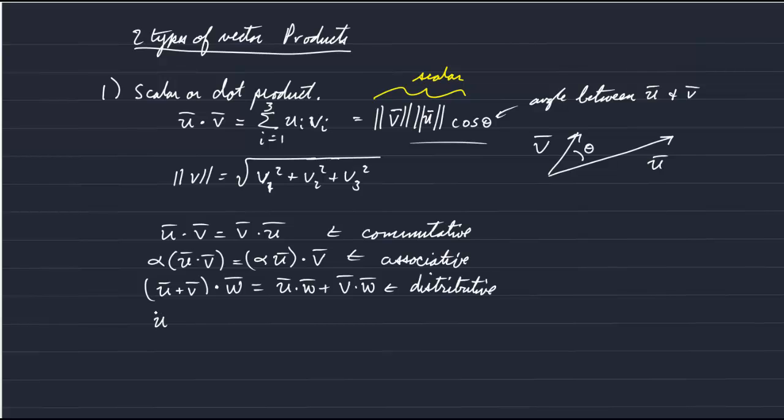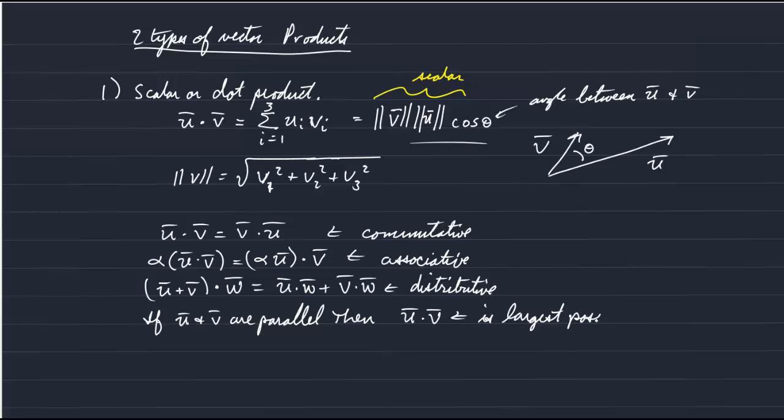A couple of properties of the dot product that are notable: if u and v are parallel to each other, then the dot product is the largest possible, and it's equal to the magnitude of u times the magnitude of v, because the cosine of the angle is equal to 1.